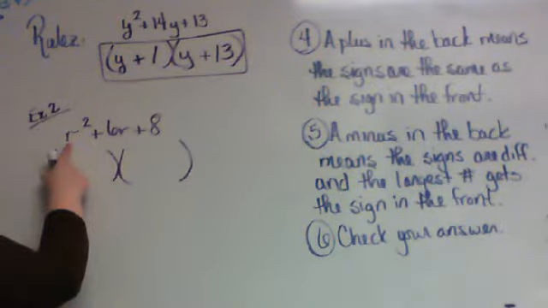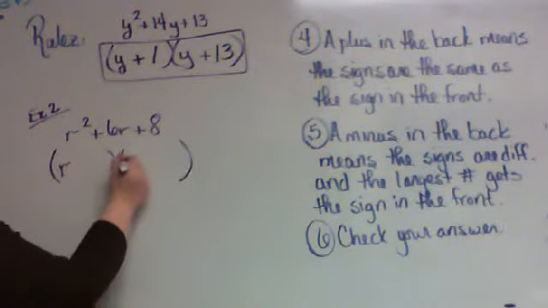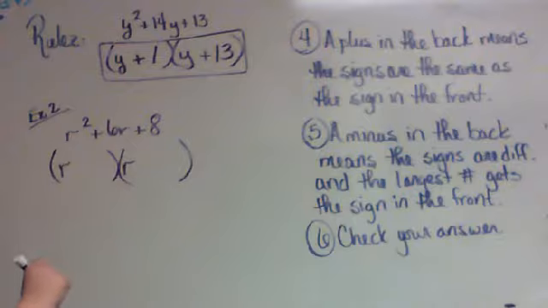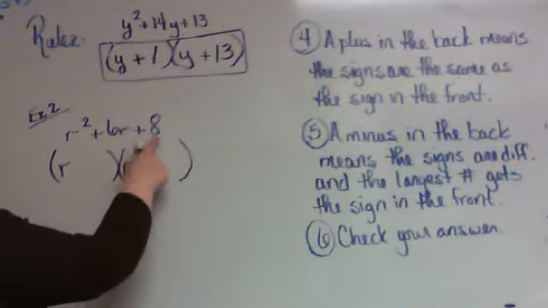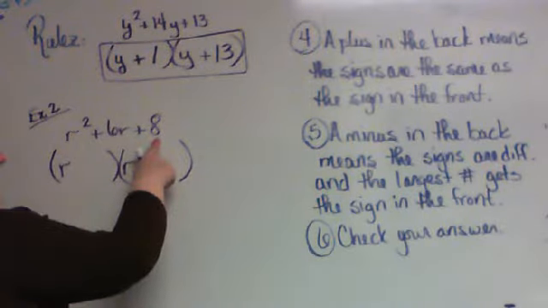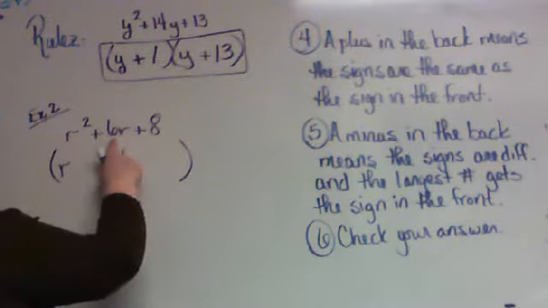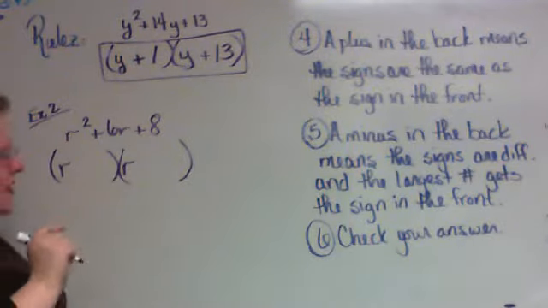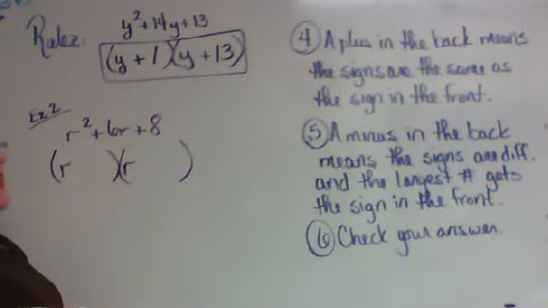2 things that multiply together to give you r squared. That's r and r. 2 things that multiply together to give you 8 and add to give you 6. Okay, let's think about this. 2 things that multiply together to give you 8. Well, 2 times 4 is 8.